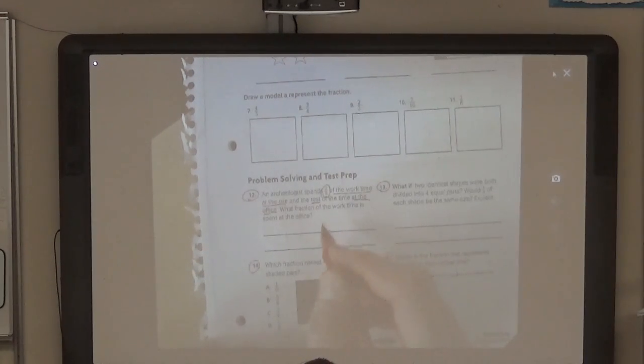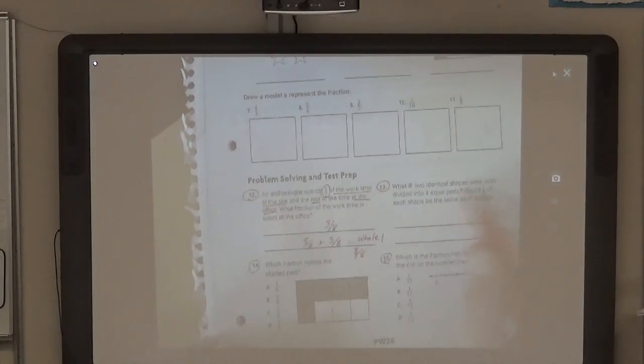Again, it's important when you reread to go back and highlight or put a box or check. Andrew? 3/8. Yep. Because 5/8 plus 3/8 equals 8/8 or 1 whole. Eight eighths. So if this is the work time, then this must be the office.